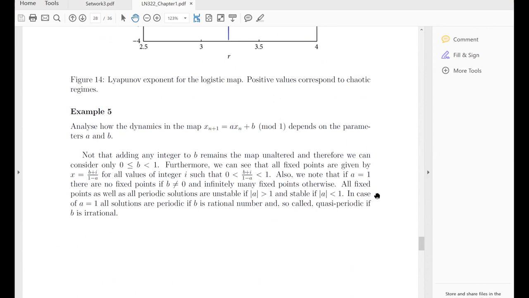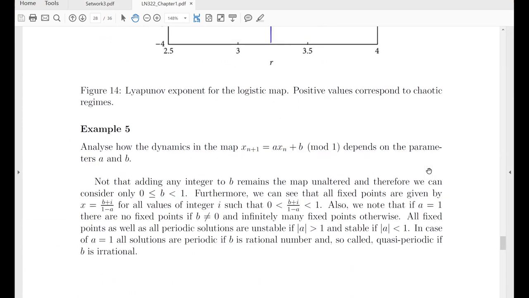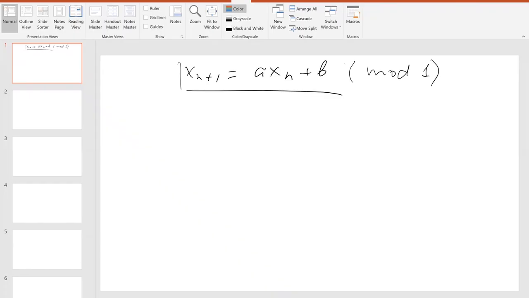Can you see it? Can you read it? I didn't discuss it in my lecture, but if you understand what is in example 5, you should be able to complete all 3 problems in your set work.